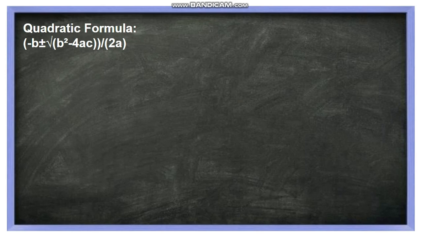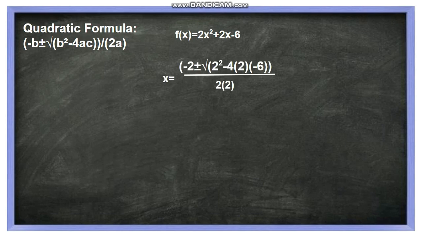So x equals negative b plus or minus the square root of b squared minus 4ac, all over 2a. In this case our b is 2, so negative 2 plus or minus the square root of 2 squared minus 4 times 2 times negative 6, and again, that's all over 2 times our a value, which in this case is 2.